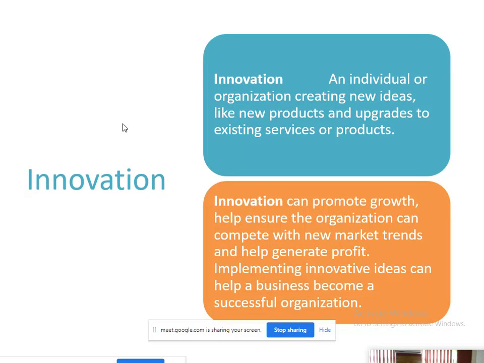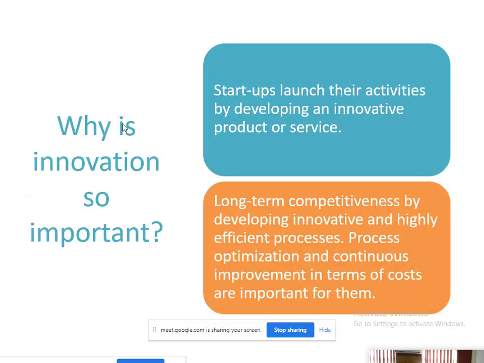For that, we definitely must have some kind of new features in our organizations. So innovation is to create new ideas and to apply those new ideas to your product or your organization.